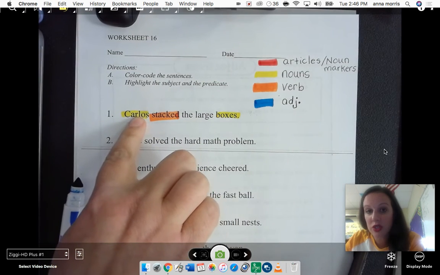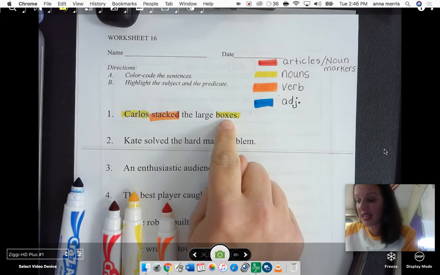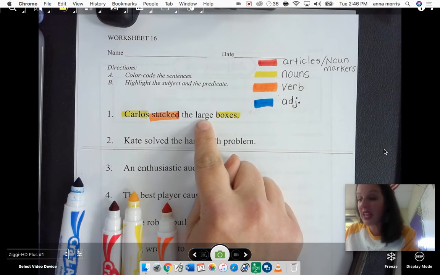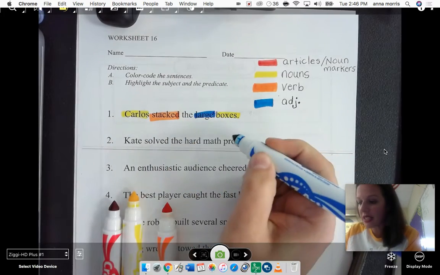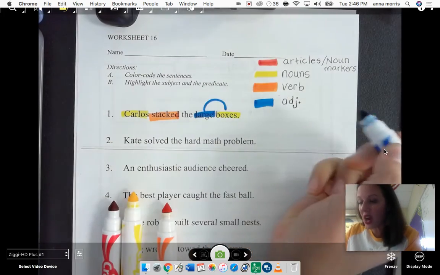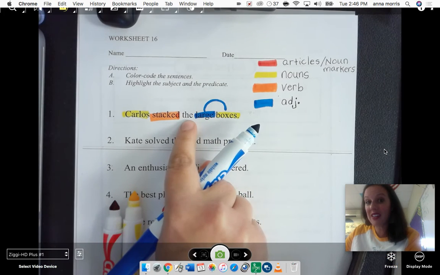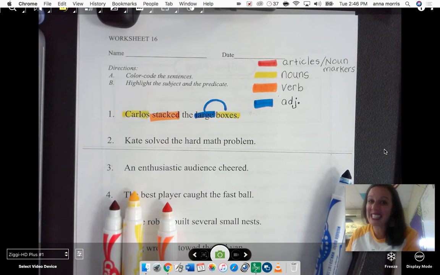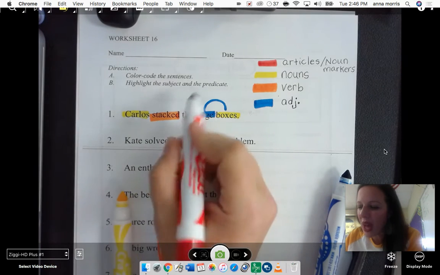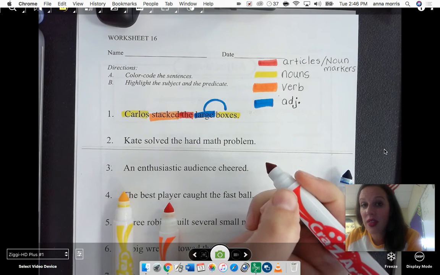I touch Carlos and I see that there's no describing words in front of Carlos. I touch boxes and I see, wow, there is a word that describes and tells what kind of boxes. Large boxes. The word large describes the noun. It's our adjective. But that leaves the word the. That is because the is a special word. It's an article, and technically, articles are considered adjectives. But we use our red color when we find articles like a, an, or the.